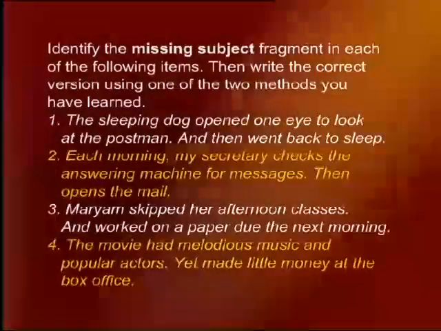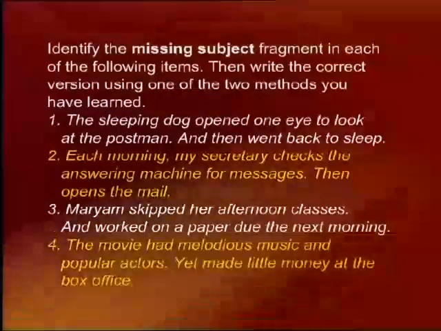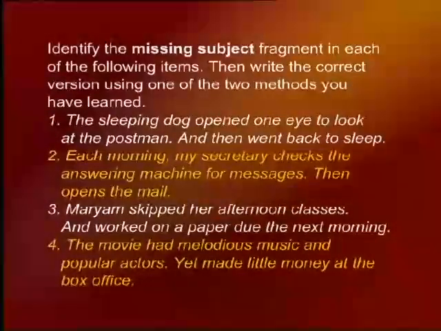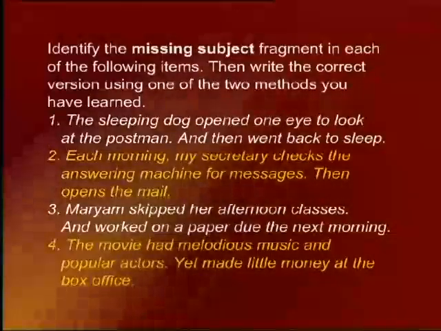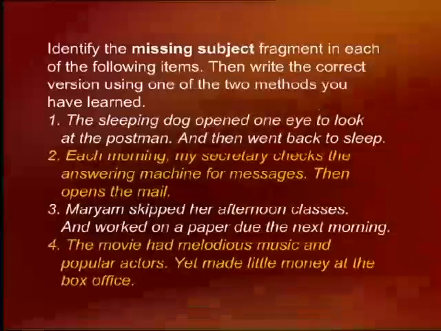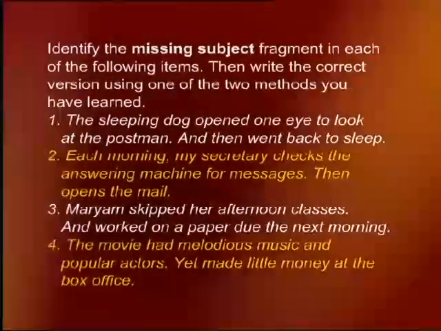Number 4. The movie had melodious music and popular actors, full stop, yet made little money at the box office. What is wrong over there? Again, it's the same mistake. The fragment does not have a subject. It's a missing subject fragment.